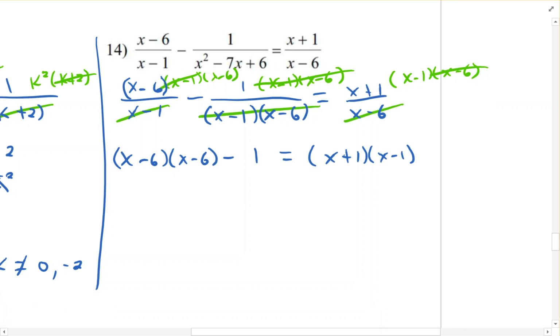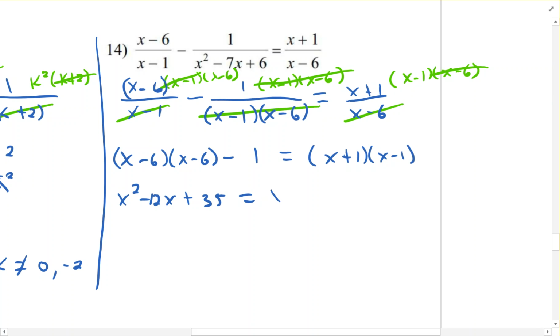Now what we're going to have to do is expand this. So expanding this first part here, we've got x squared minus 12x plus 36. I just did that in one step, that negative 12 part. And then minus 1, so this is 35.